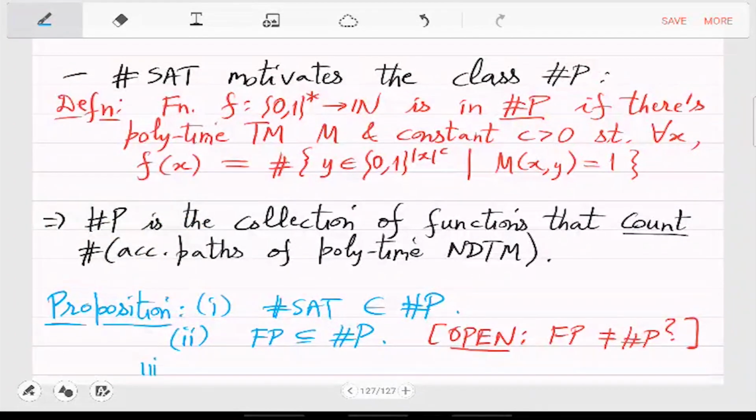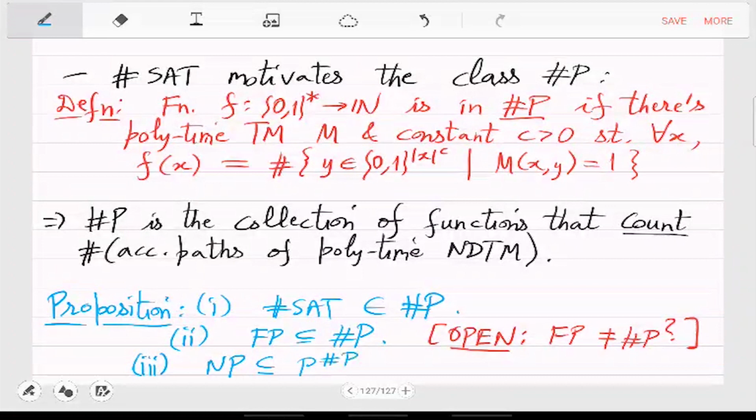And how are NP and #P related? Although we feel that NP is much easier, comparison we cannot do directly because NP has decision problems, #P has functions. So instead we write it like this. If you are given a #SAT oracle, then by a polynomial time Turing machine, using that oracle you can solve SAT, right, trivially.